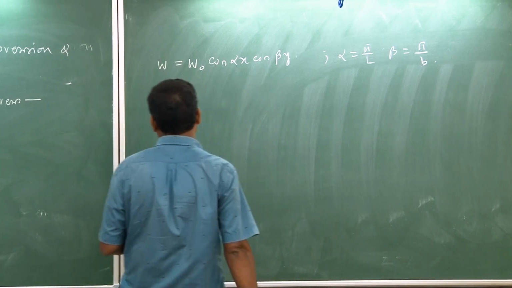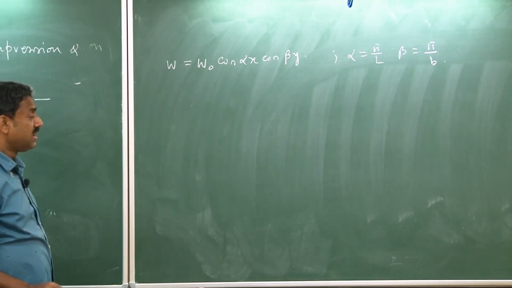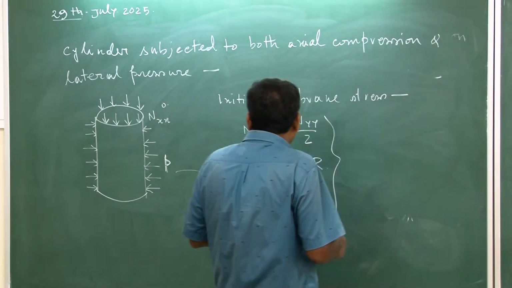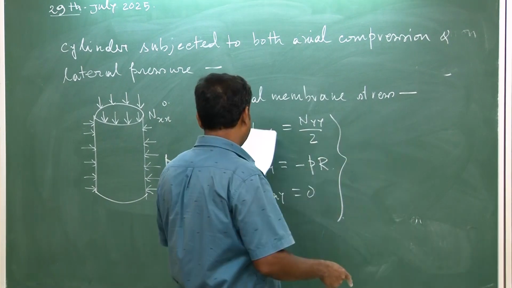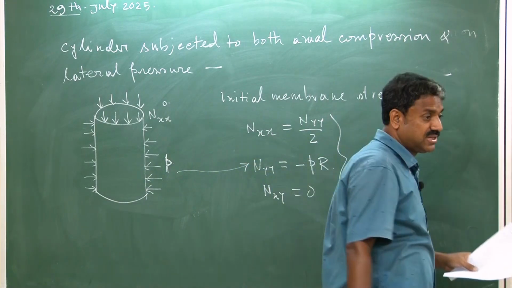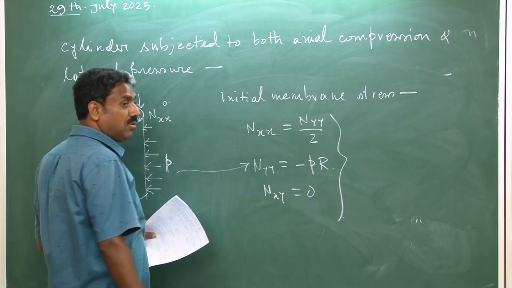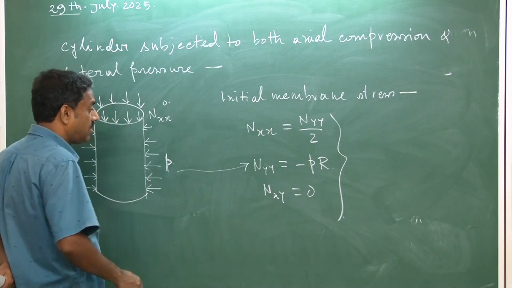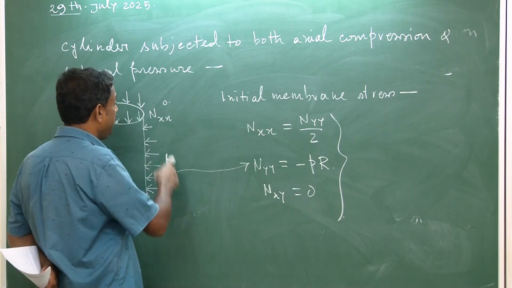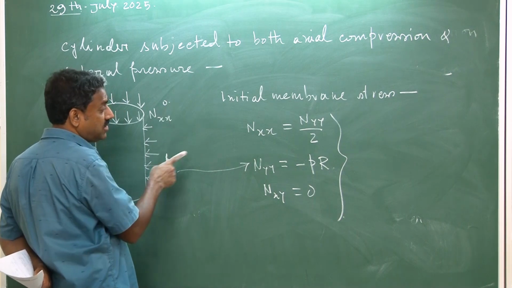I am not doing it, but you can easily do it. Substitute the assumed solution and the nxx value in Donnell's equation. Of course, there will be two unknowns although only one equation, so we can only solve by assuming a certain ratio between nxx0 and p.